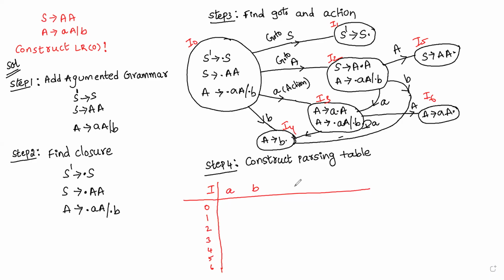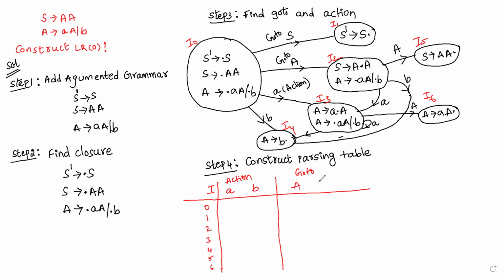When you see the capital letters, these are called goto moves. Here I have capital A as well as capital S.